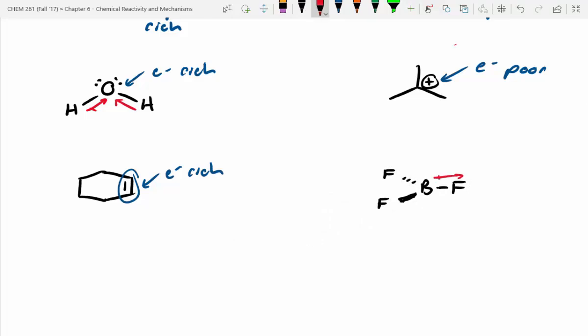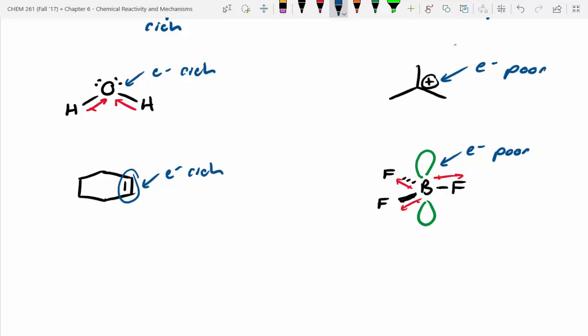So fluorines are pulling electron density away from boron. Okay, that explains half of it. What's the other half? Empty p orbital, exactly. This boron has an empty p orbital. That means that it's electron poor. Another way of thinking about this is it doesn't have a complete octet. It's more than happy accepting electrons so that it fulfills its octet.